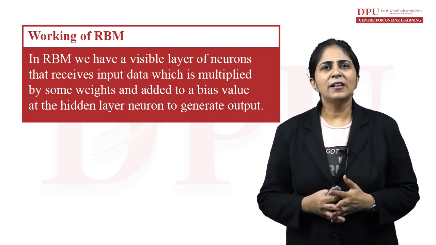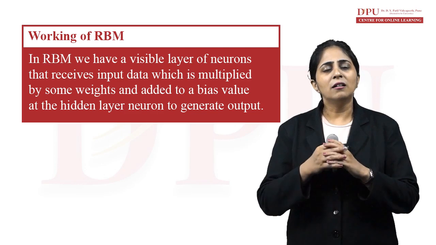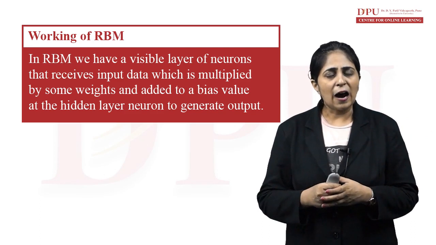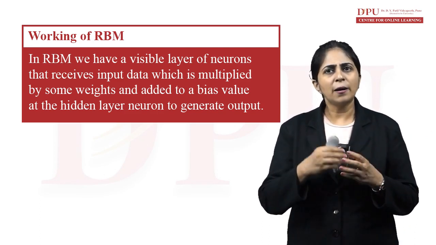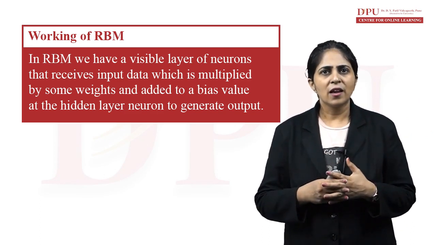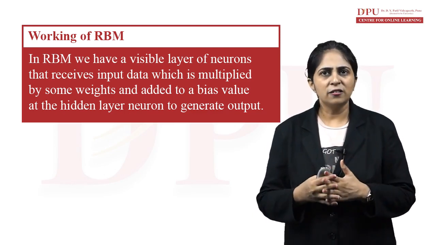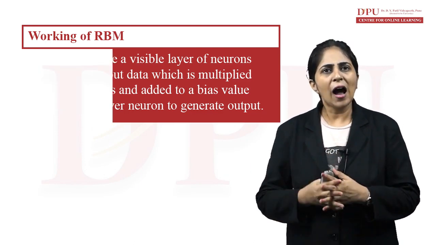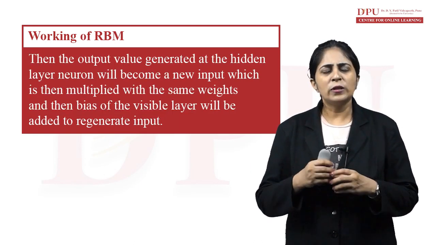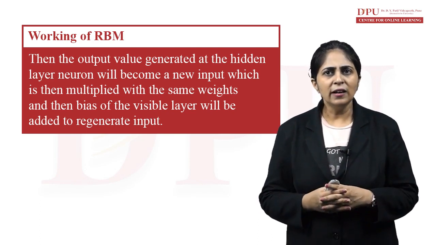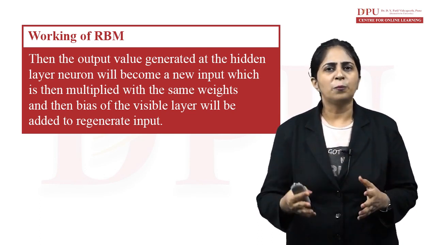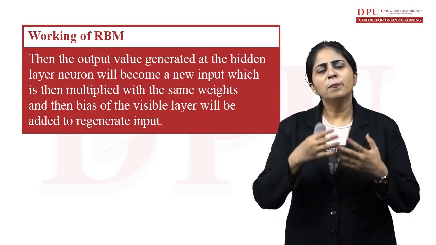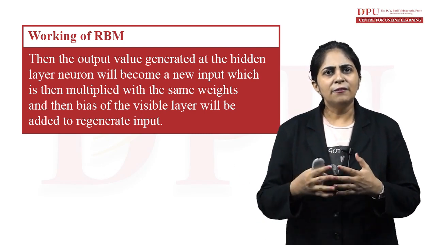Like we normally have in a neural network, a layer of neurons which receives the input, and after that some weights are multiplied by the inputs and added to the bias value at the hidden layer neuron to generate the new output.